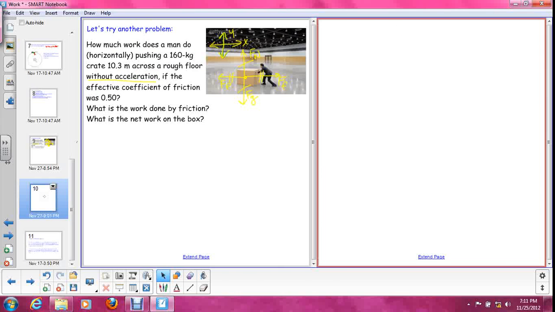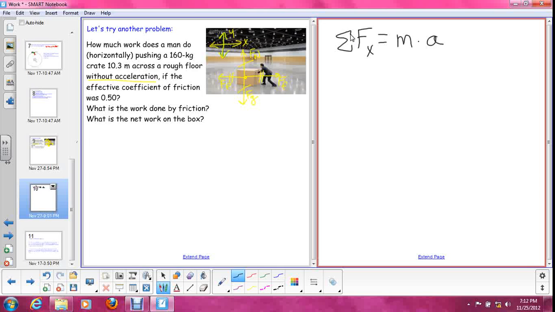So the very first thing that we can do is actually find the magnitude of some of these forces. To figure that out, we will use Newton's second law. The sum of the forces is mass times the acceleration. And what I really want to look at is the sum of the forces in the x-axis, in the x-coordinate plane, because that is the direction of the movement of this box.